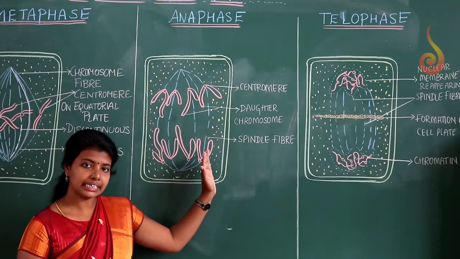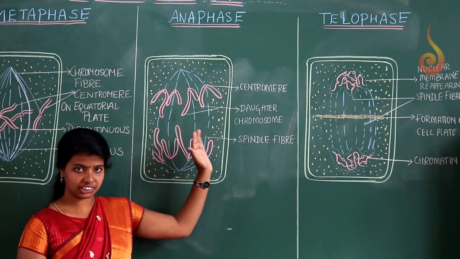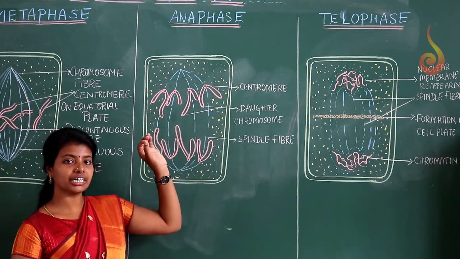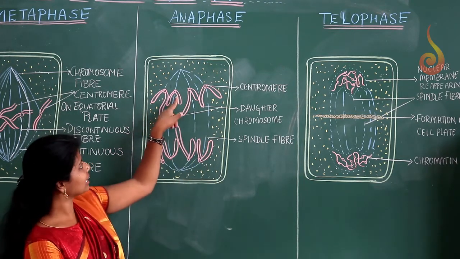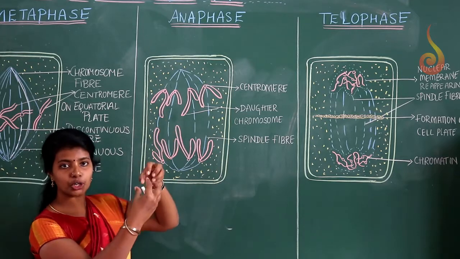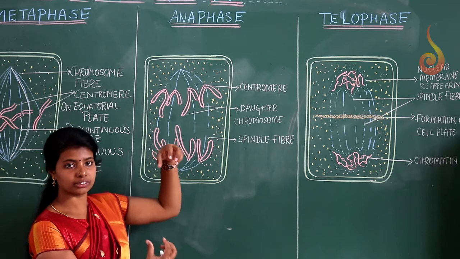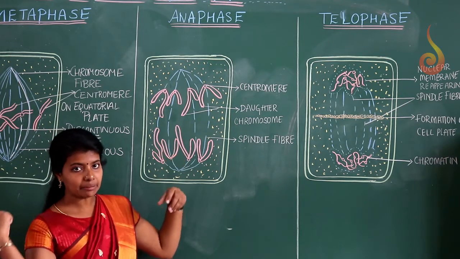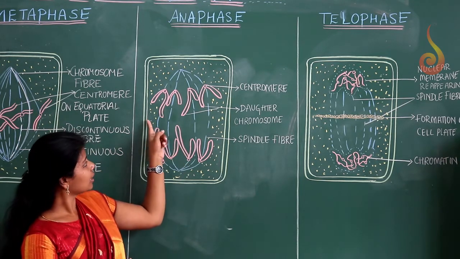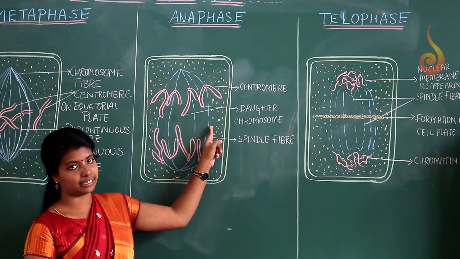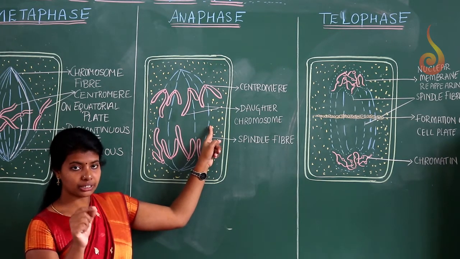Okay, next we'll study about anaphase stage. In anaphase stage, the significant feature is that there is separation of chromatids and the chromatids are pulled to the opposite poles. So in metaphase we saw that all the chromosomes were arranged in the center of the cell. Please notice this.